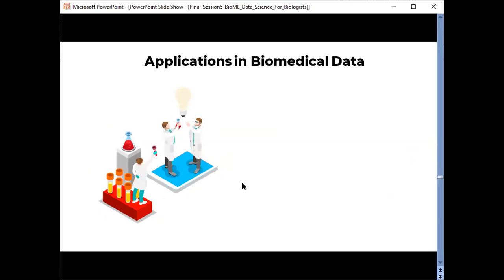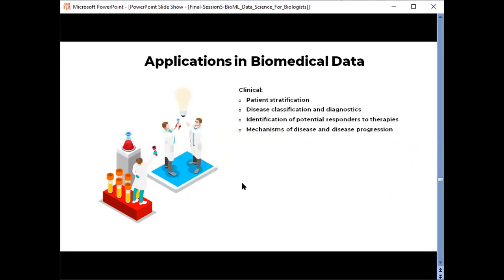For clinical purposes, especially in clinical research, it is used to study disease mechanism, treatment selection and development, and predictive models can be very helpful. In our course, we will use machine learning methods for patient stratification, disease classification, diagnostics, and predicting the response or lack thereof, to understand the mechanism of both disease and its onset.